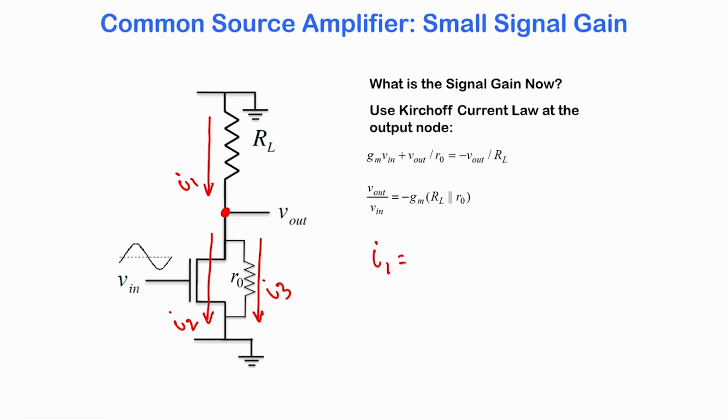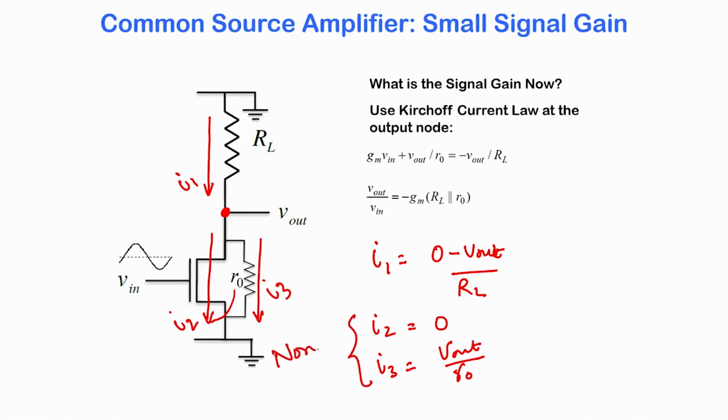I1 is nothing but 0 minus Vout by RL. I2 is 0 because this is an ideal MOSFET. In parallel to this ideal MOSFET is the channel length modulation parameter, and therefore I3 is Vout by RO, and these two together give you the non-ideal MOSFET. Therefore we have I1 is equal to I2 plus I3.